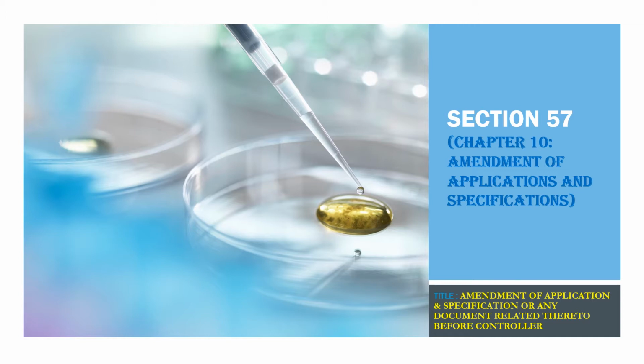Section 57 comes from chapter 10, and the title of chapter 10 is Amendment of Applications and Specifications. The title for section 57 is Amendment of Application and Specification or any document related thereto before controller.